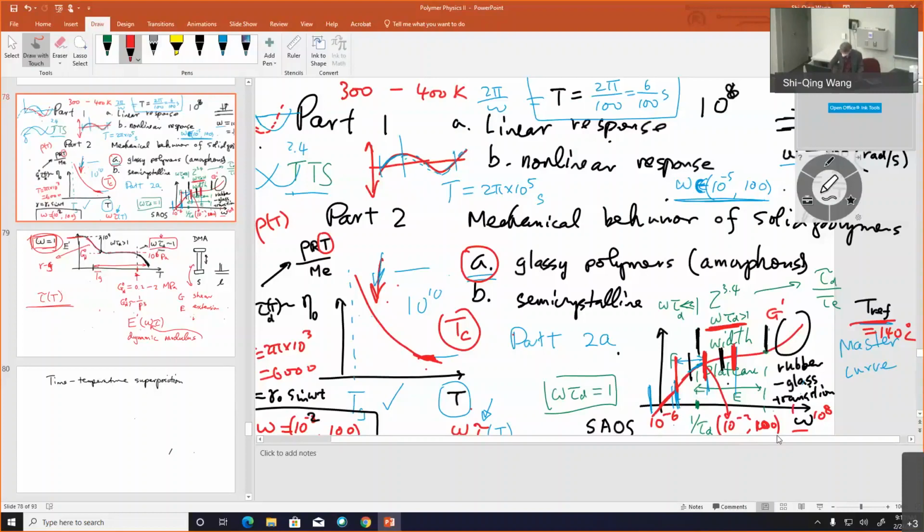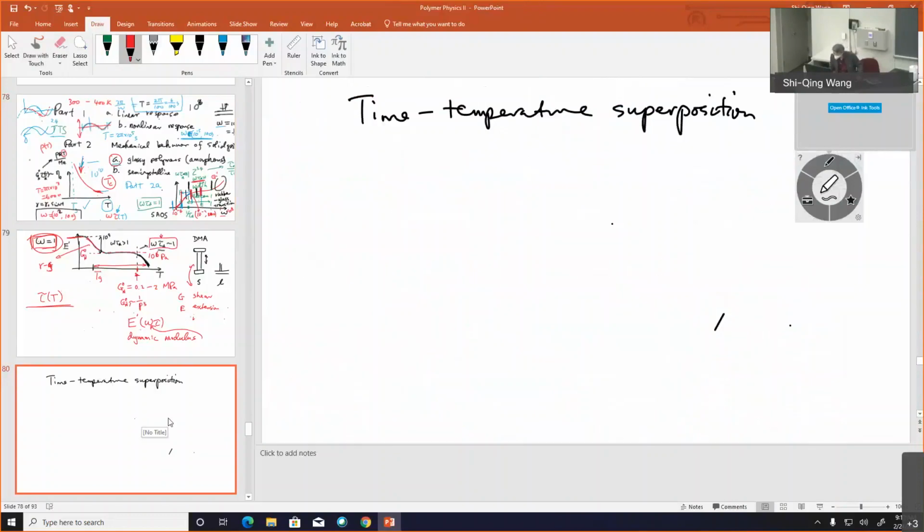So that's superposition. In the literature, it is also quite frequently recognized that there is a time-temperature equivalence. In other words, temperature is a way for you to change time, and time is affected by temperature. So they are equivalent.